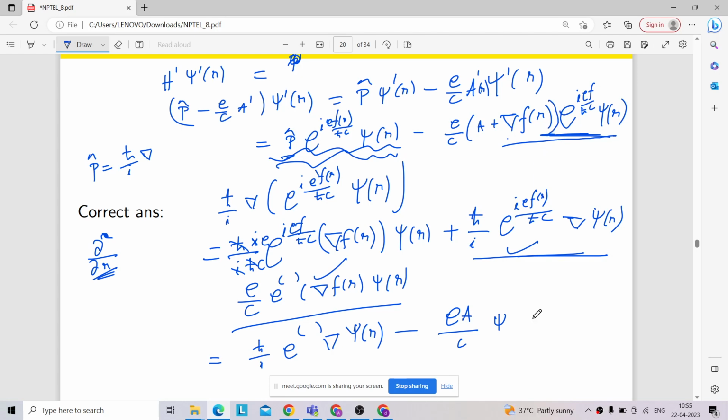This bracket is here, so I will have e to the power of this term, psi of r.